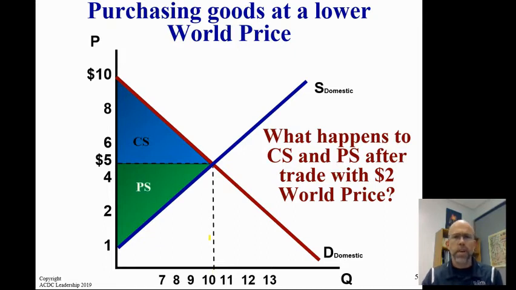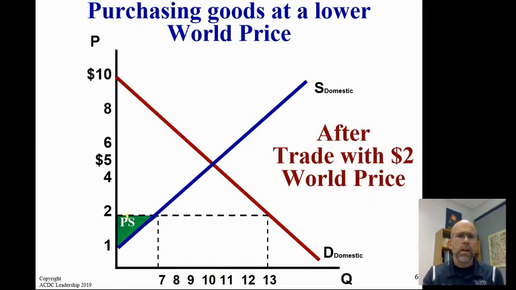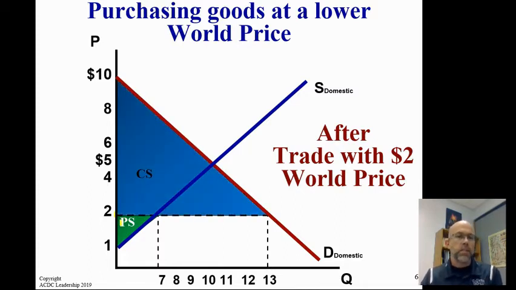Now, with the $2 world price, we can see that's way below the equilibrium price. So producers are losing out. The domestic producers' surplus is much, much less. But consumers are doing really well. This is great for consumers. The consumer surplus has increased dramatically.